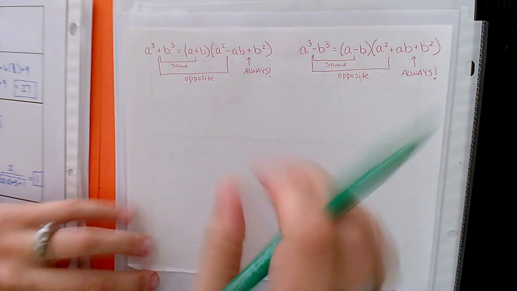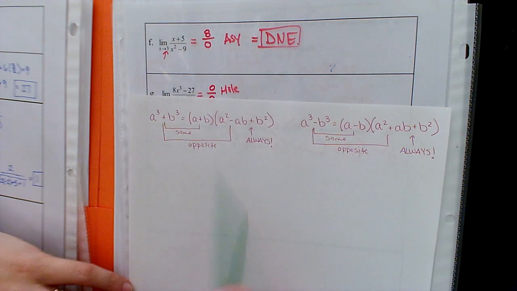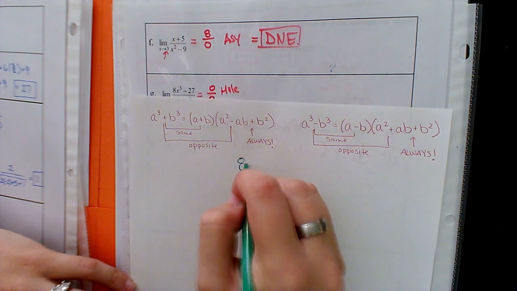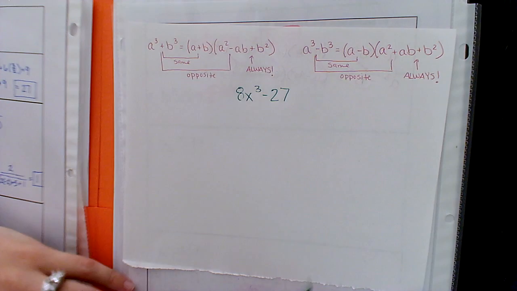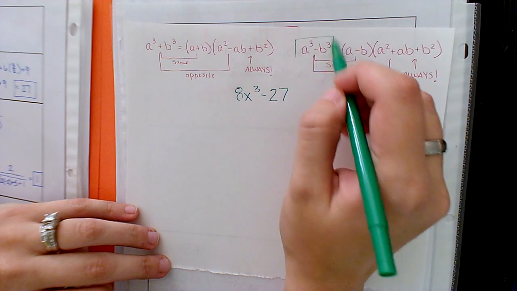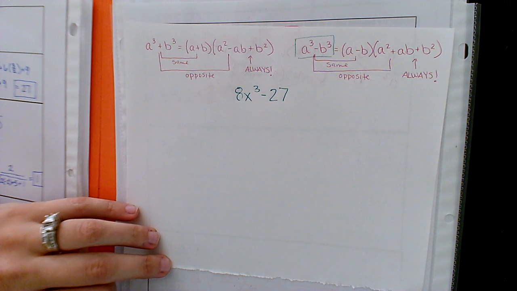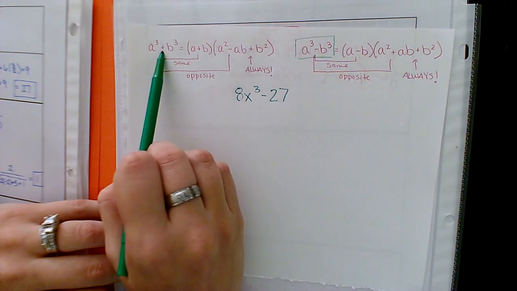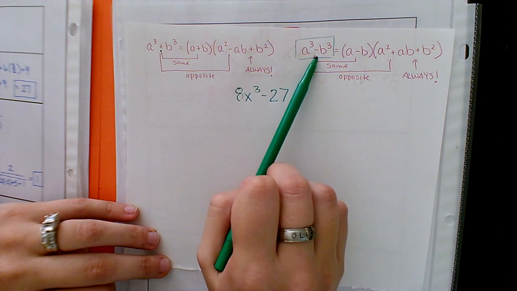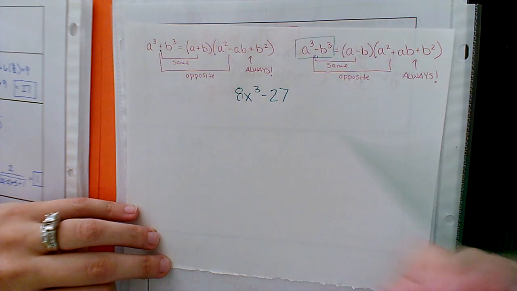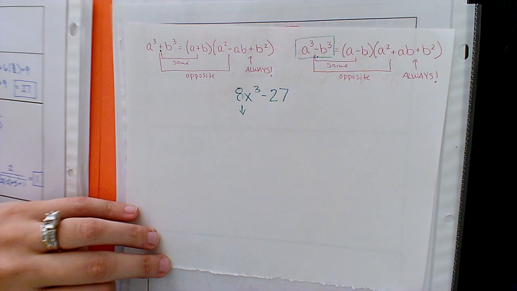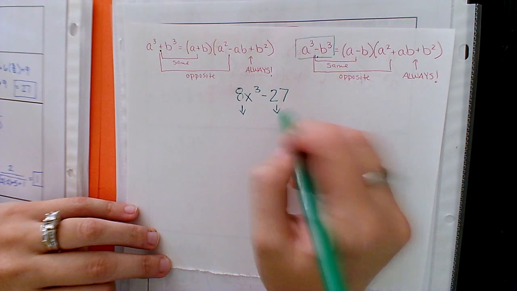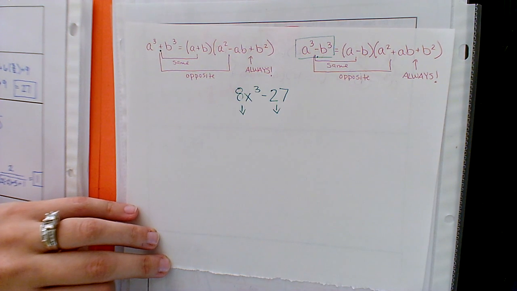So what we're dealing with in this case, I'll write this down, we have 8x to the third minus 27. So that's going to fit this format. See how we're subtracting? Sometimes you could be adding, but we fit this one. So we need to figure out what is the perfect cube of the first term and what's the perfect cube of the second.